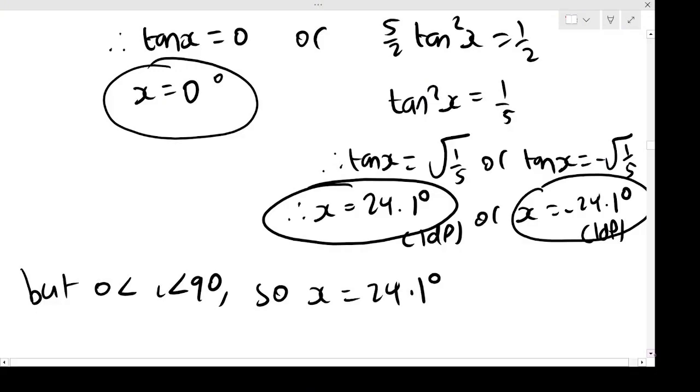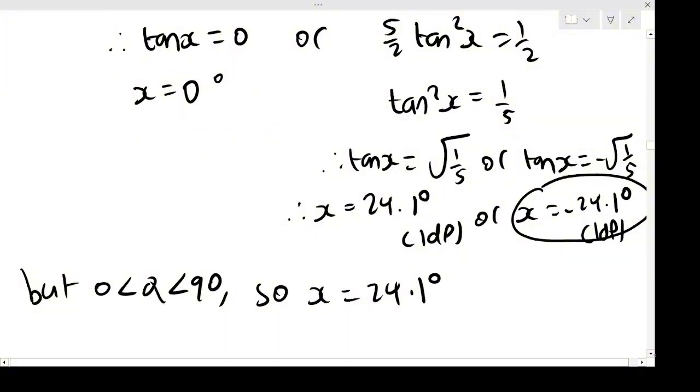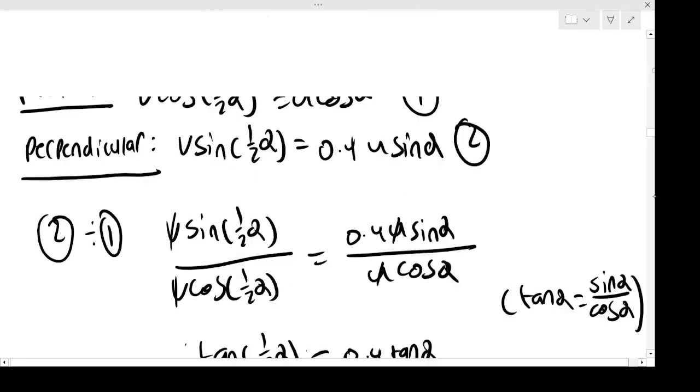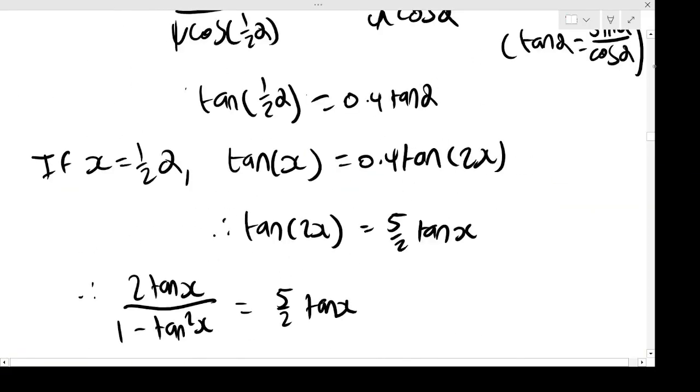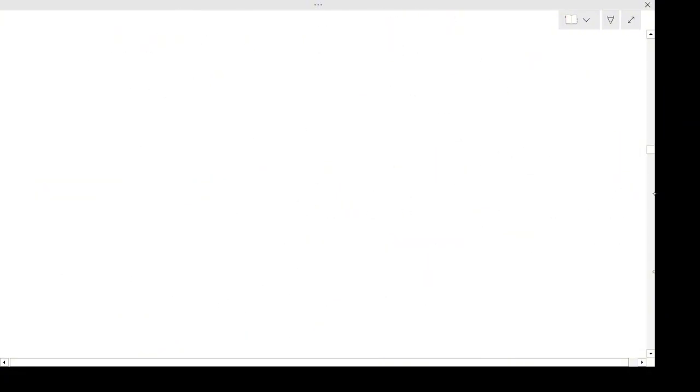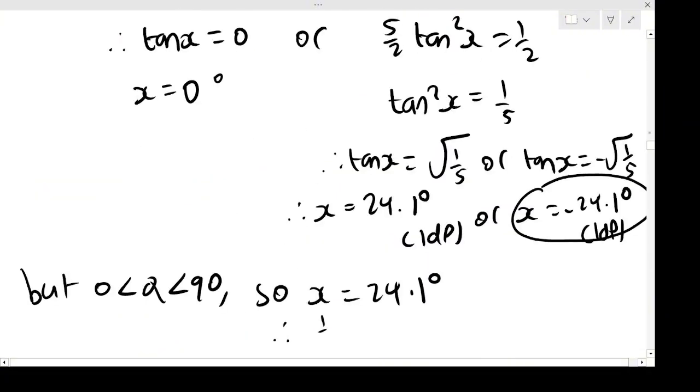Oh no, sorry, alpha. It's not x, it's alpha between 0 and 90. But actually it'll work out the same. So that's x, right? So we want alpha. Now remember, a half of alpha is x, where we did the substitution here. So that means a half of alpha is 24.1.